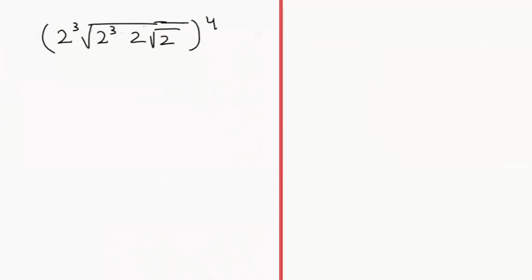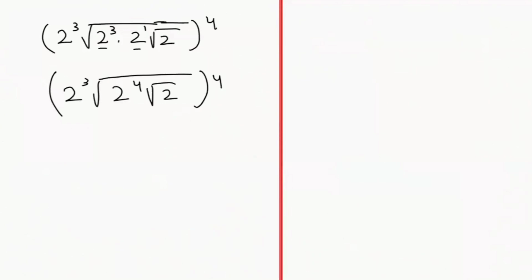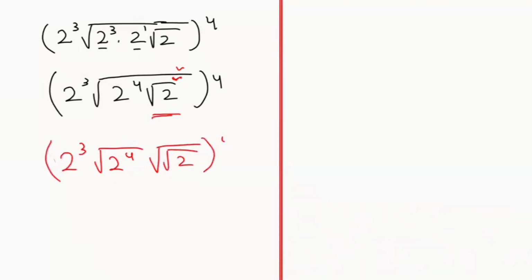Now we have one power here, so we have the same base. So I'm going to write here (2^3 √(2^4 √2))^4. Now we're going to express this in this form: 2^3 √(2^4 and this I'm going to express in this form √2))^4.